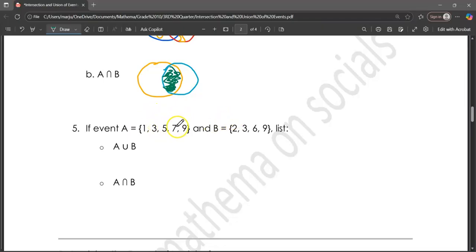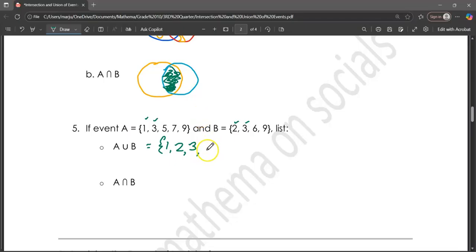But then again, we will not write the duplicates. I mean, we are not going to write the duplicates twice. So here, I have 1. I have 2. I have 3, I have 3, I'm only going to write 1, 3.